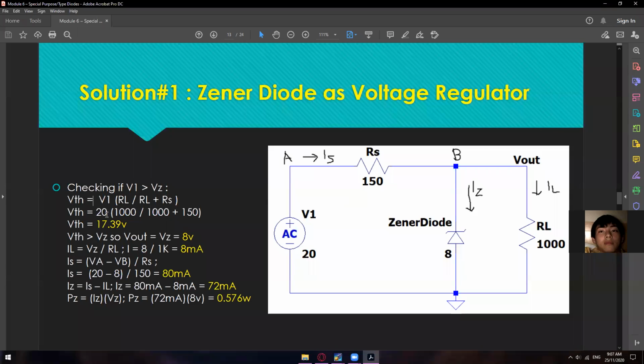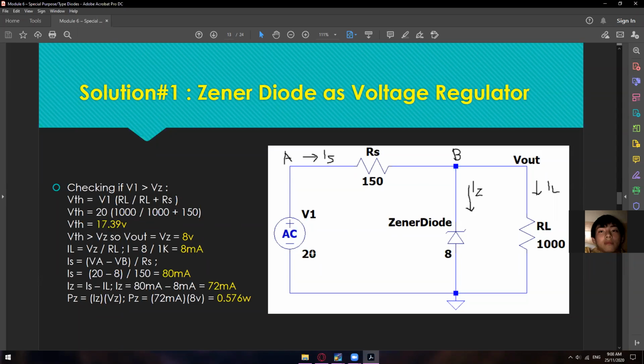Just simply put their corresponding values. V sub 1 is 20 volts times 1000, which is the RL, divided by 1000 plus 150, which is RL plus R sub S. So just do the math. You can calculate this one first before multiplying it by 20. Then you will get 17.39 volts.